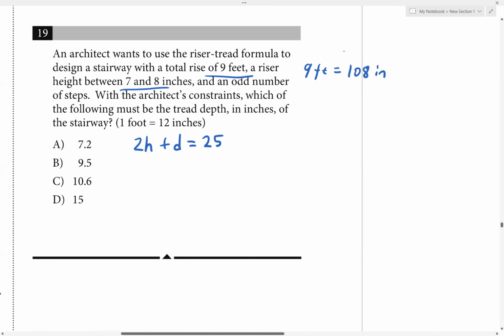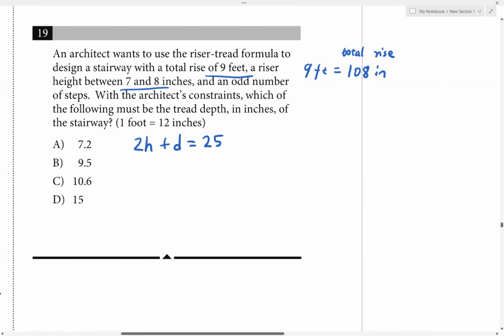So each individual riser height, added all together, has to add up to 108 inches.